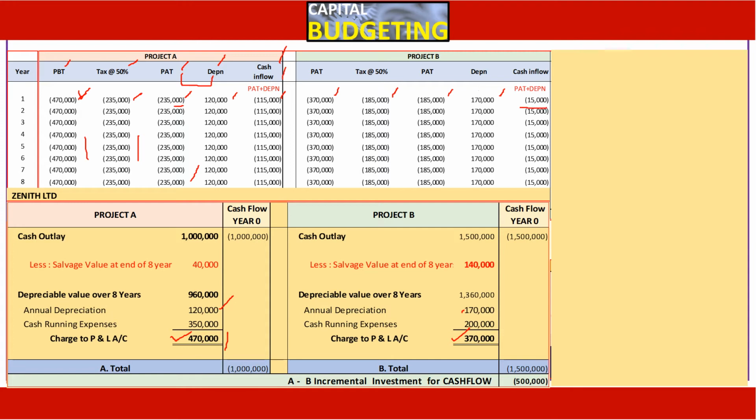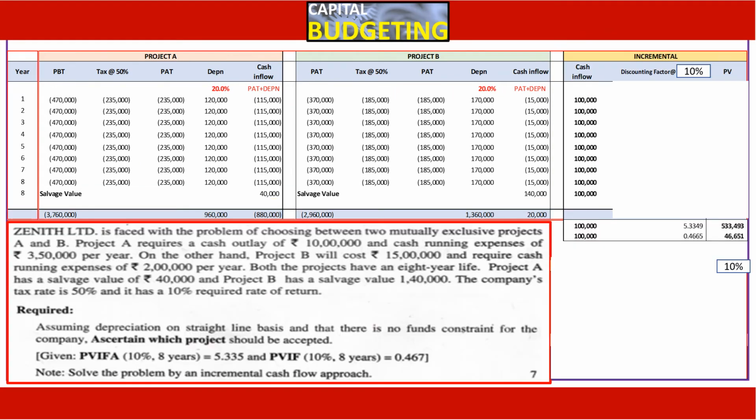It is minus 15 versus minus 115. Means if you calculate net, every year we have got minus 15 minus of minus 115, which is equal to plus 100 is the net cash inflow.